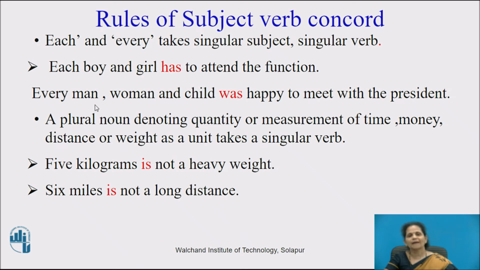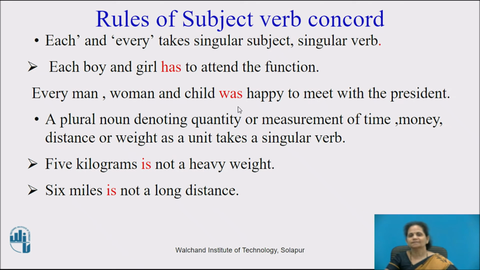Then every man, woman and child was happy to meet with the president. So here also, though there are three subjects, it is preceded by every, that's why it indicates a singular subject.